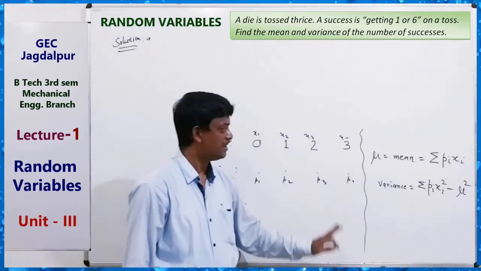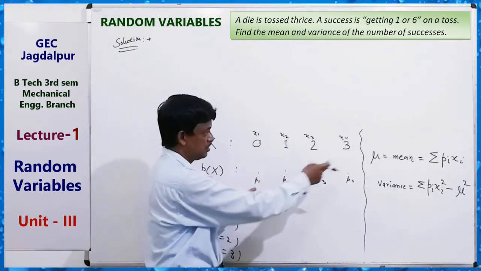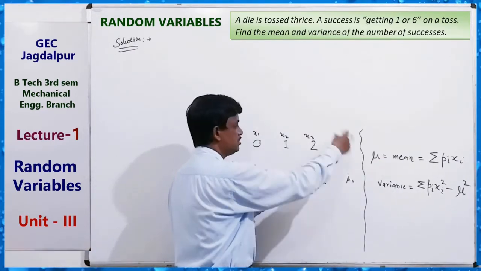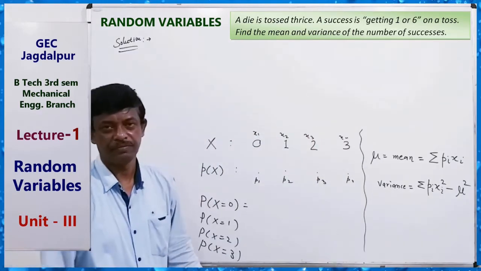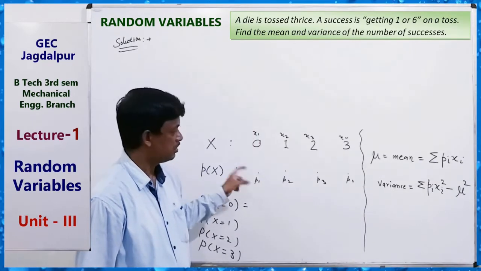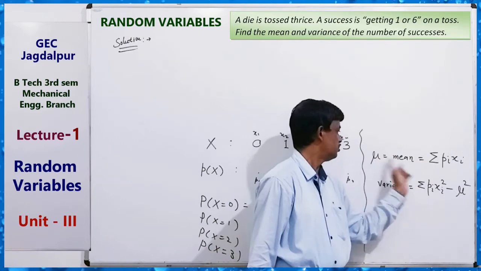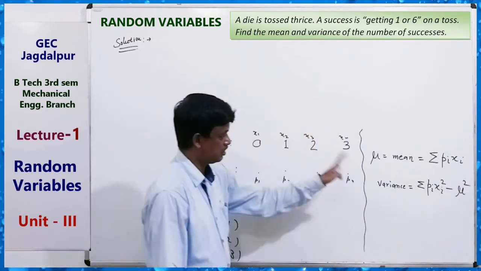Variance is the summation of pi xi square, meaning this into this, this into this, and so on, and sum of that. Similarly, first square it and multiply it, and like this we get the sum, minus mu square. That is our variance formula.